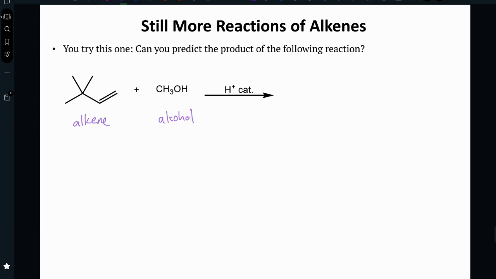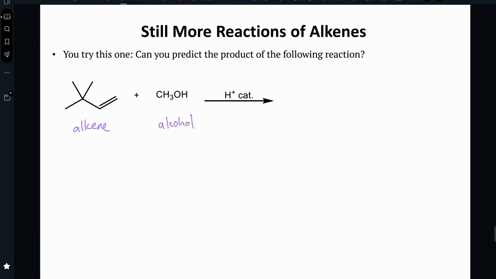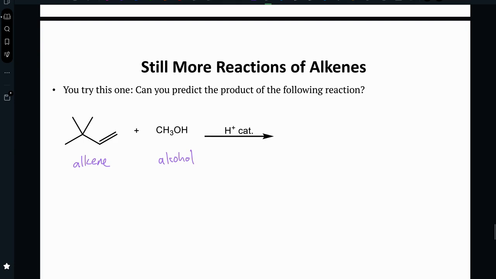Okay, now that you've had some time, let's think about how this reaction could proceed. I'm using an H plus catalyst again. And notice in this case, I haven't drawn it bonded to the solvent. In reality, in this case, you would have your CH3OH, and then your H plus catalyst would be bonded to that. So it would look like this.